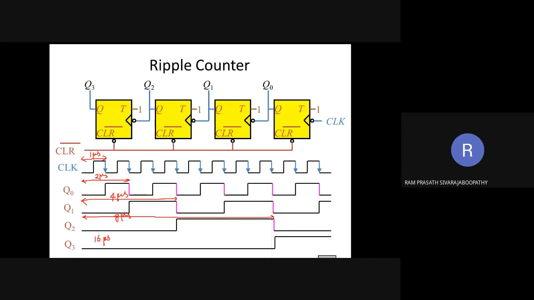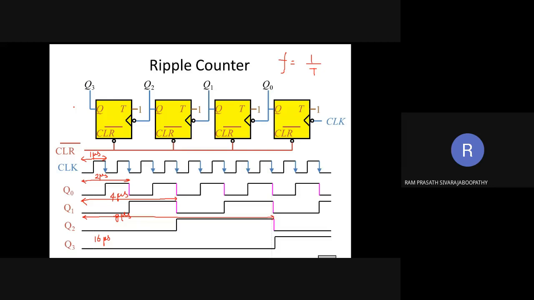When the time period is getting increased, what about the frequency? Frequency is equal to what? 1 by T. Correct? If the time period is getting doubled as I take the output from one flip-flop to another, what about the frequency?